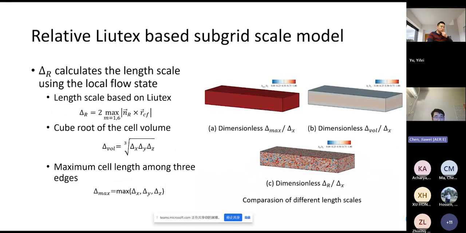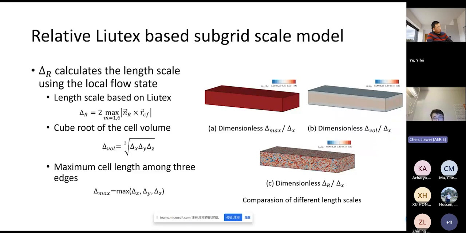And then in this slide, here is a crucial comparison of different length scales. We are showing dimensionless ratios here: Δ_max over Δx, Δ_volume over Δx, and Δ_R over Δx. And what you can see is that Δ_R, which is our Liutex-based length scale, shows a significant spatial variation that correlates with the actual flow structures.